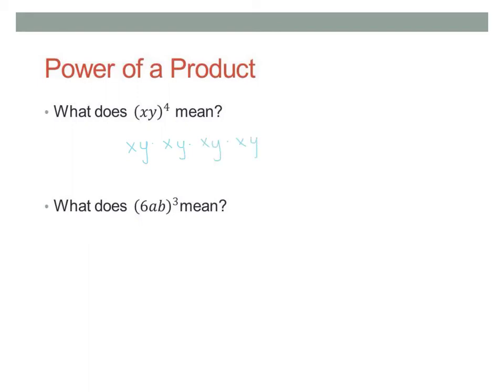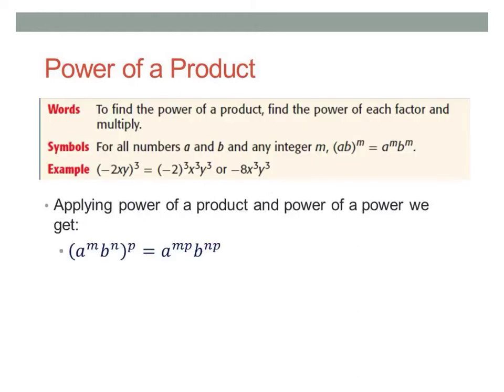And if we rearrange that, because remember that multiplication is commutative and order doesn't matter, I can make this x times x times x and put all my x's in the front, all my y's in the back, and then I could rewrite this if I wanted to, x to the 4th, y to the 4th. And so see then how I could go from here straight to there. That's what's called power of a product.